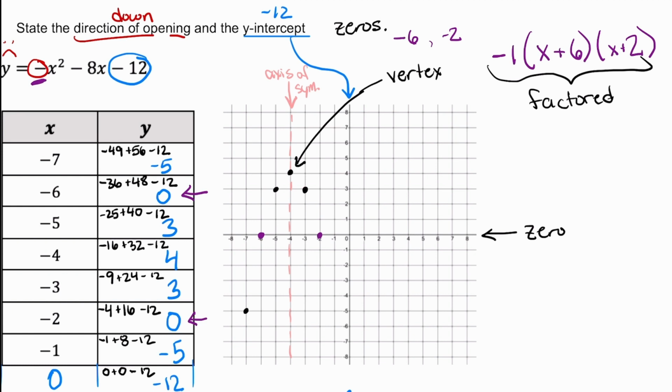At -1, the value is -5. And we already have our y-intercept on there. So then if we just connect the dots, we have our parabola or quadratic.